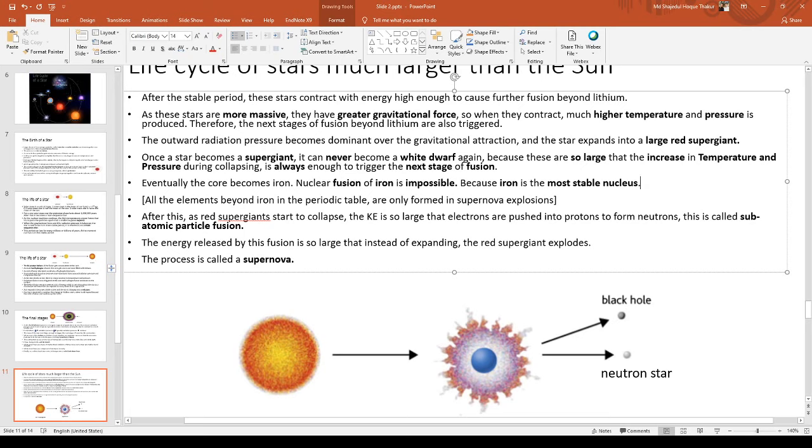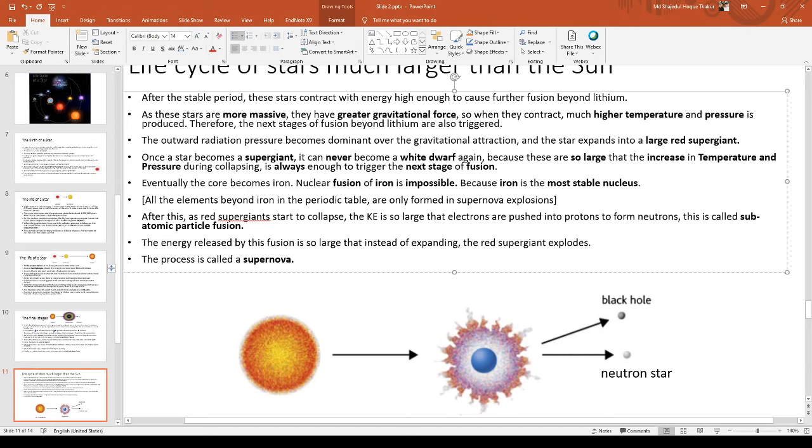Now, of course, you can again ask why. Why is the iron nucleus the most stable nucleus? Now I have to say that statement that you don't like that much, we will study in A levels.